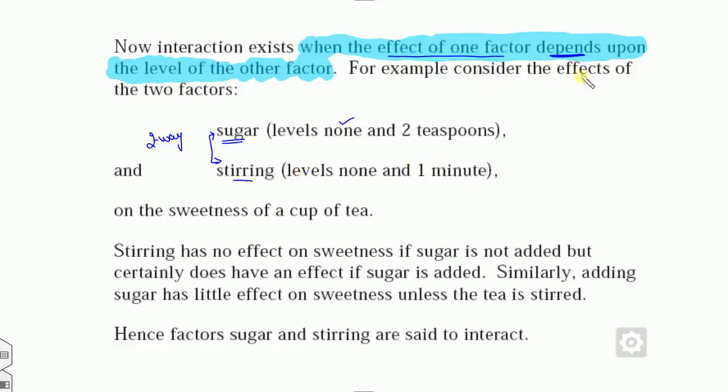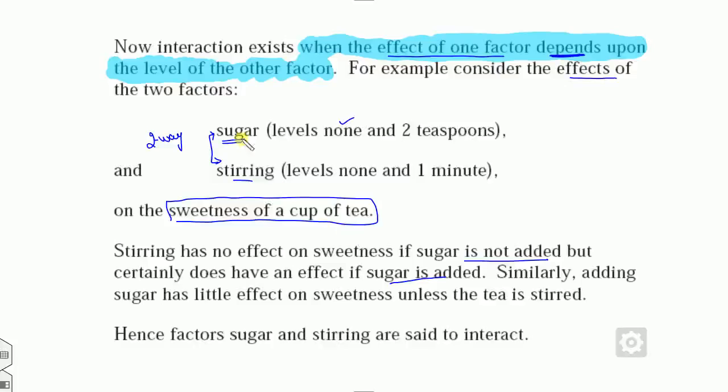So you have to consider the effect of the two factors, sugar and stirring, on the sweetness of the cup of tea. Everybody knows that stirring has no effect on the sweetness if sugar is not added. It's quite obvious. But it definitely has some effect if sugar is added.